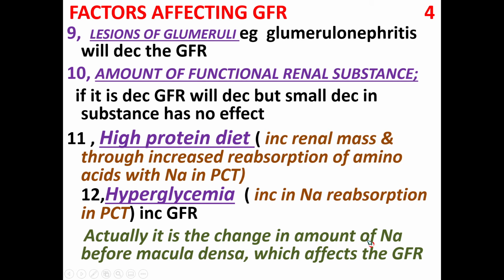I will tell you details in the coming lectures why hyperglycemia is dangerous, because diabetes mellitus, a disease of sugar in common layman terminology, is the most common cause of renal failure in our country and in the rest of the world also. How it damages your kidney we will see when we study some pathological features. So these are the factors affecting the GFR.